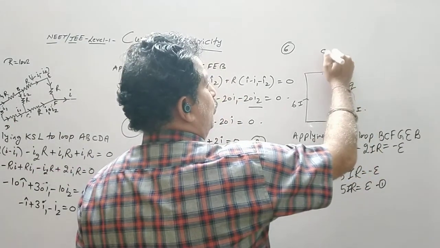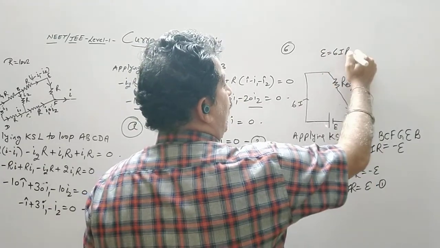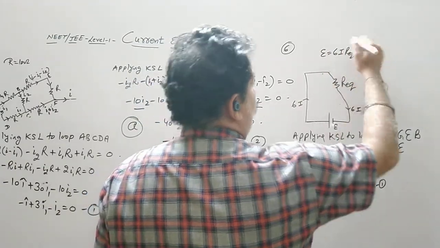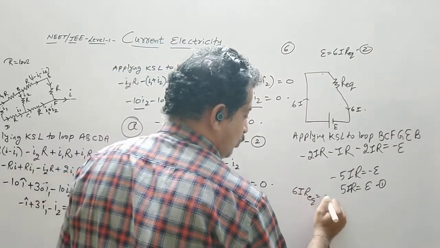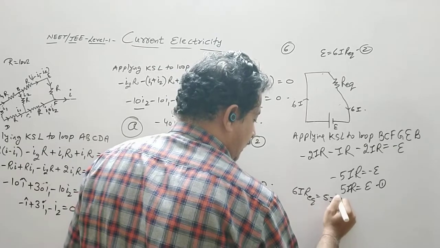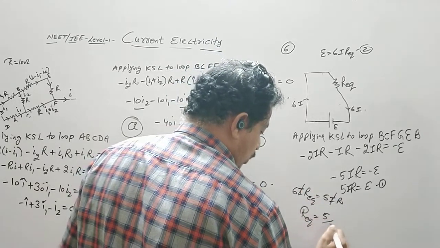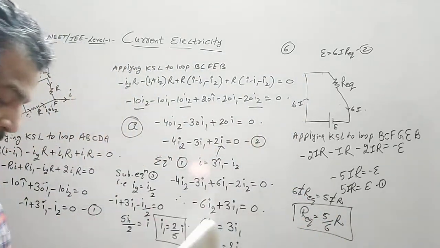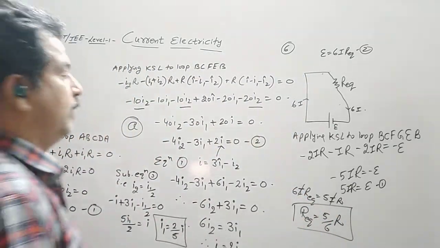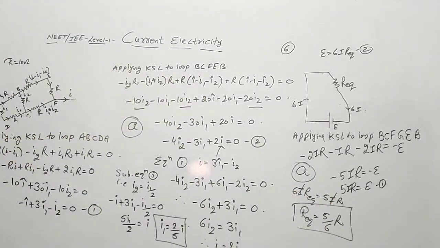So according to Ohm's law, E is equal to 6I into R equivalent. Now you compare equation 1 and 2. So 6I R equivalent is equal to 5I R. I is cancelled. So R equivalent is equal to 5 by 6 R. So that is option number A for this MCQ.